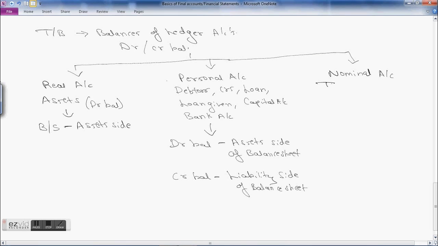Now your nominal account. Nominal account will have all your income, expenses, profits and losses.